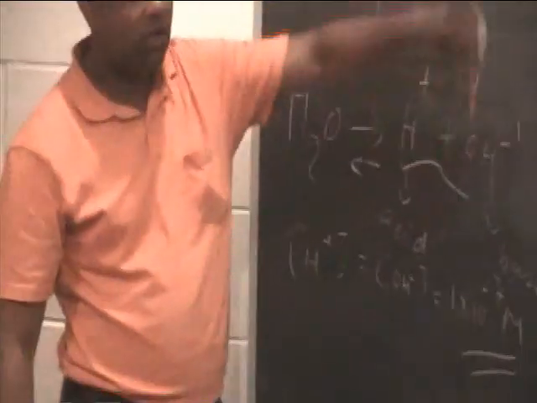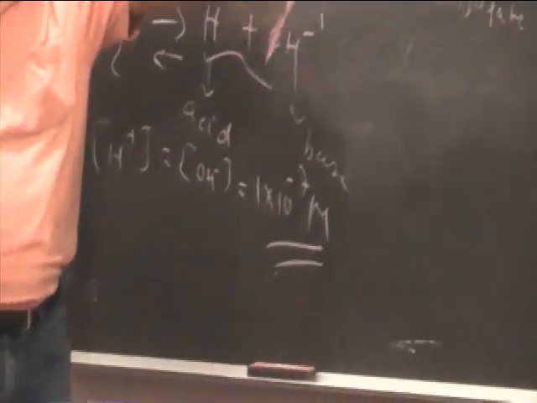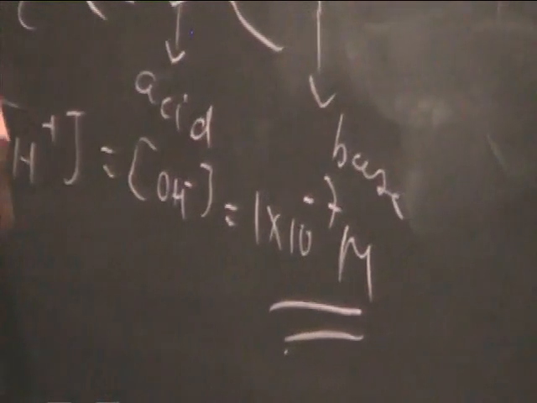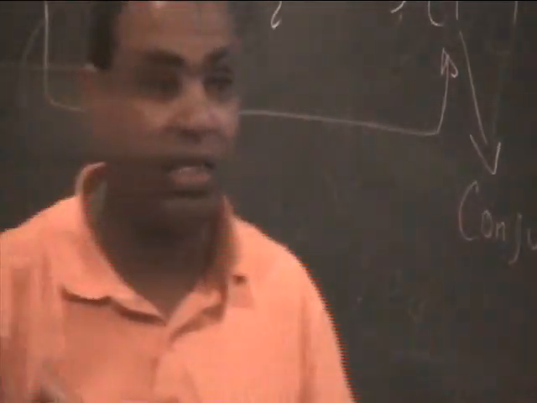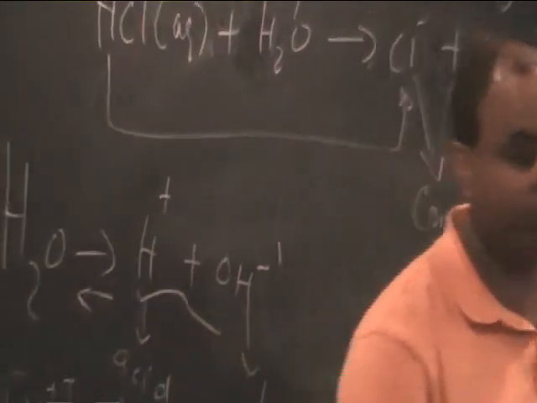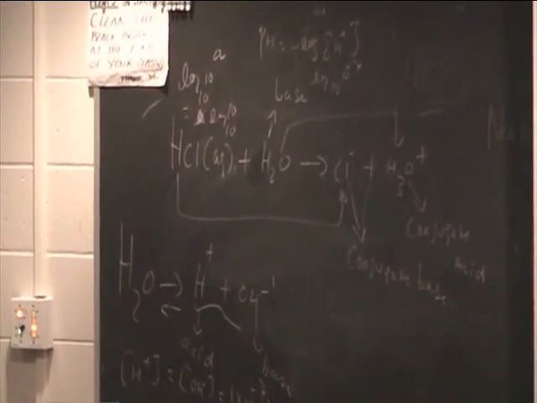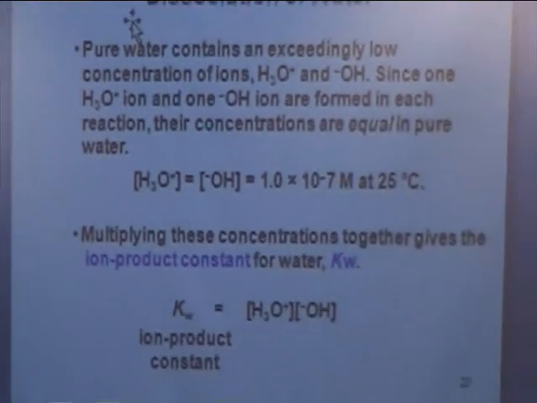So now anything over 7 is going to be basic. Anything below 7 is going to be acidic. When do you get 7? When the concentration of H ion and OH ion are the same. So is 7 pure water then? Well, two ways.